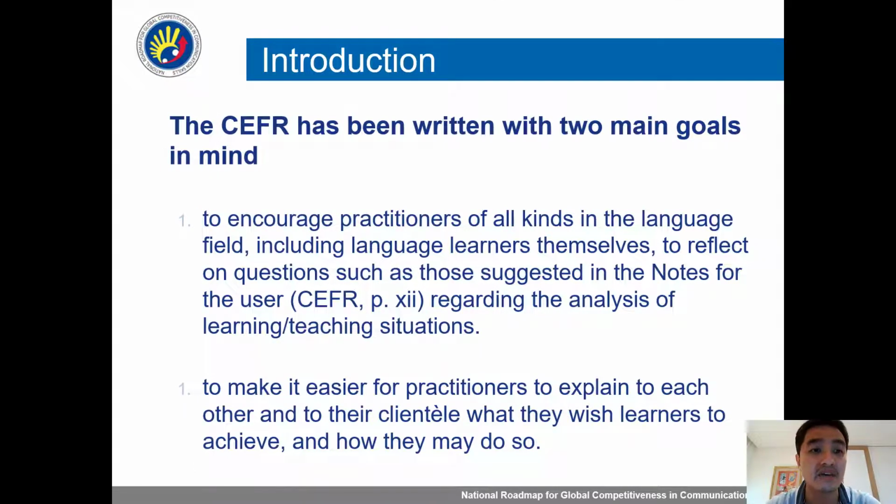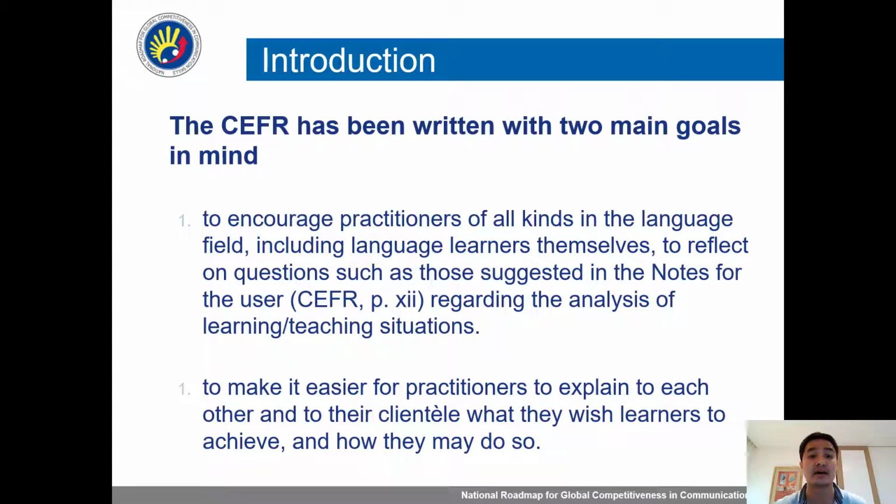So the CEFR, when you really look at the background, it was a background of all these different language practitioners from, say, French, Spanish, German, Portuguese, coming together and saying we're going to write a kind of generic document that describes outcomes but standardizes all the levels.